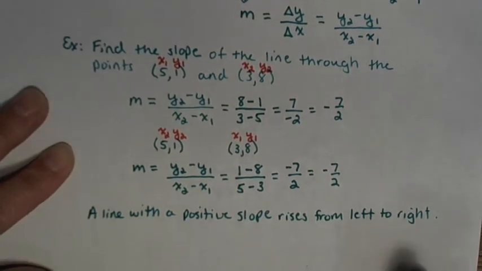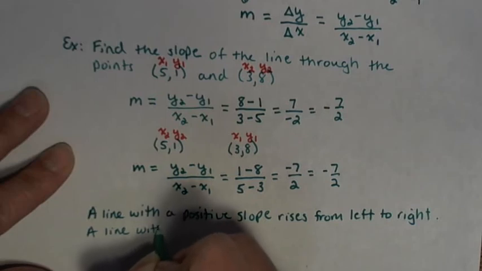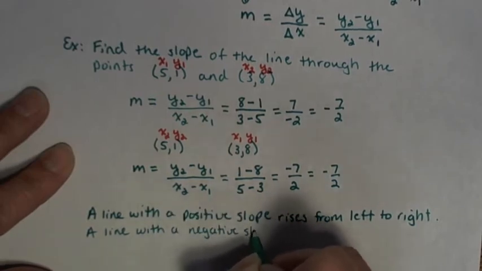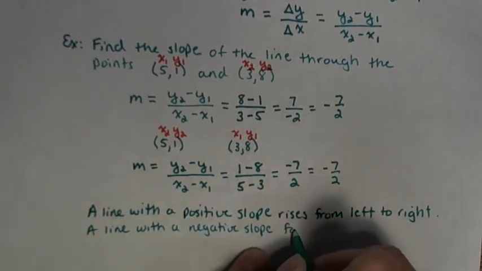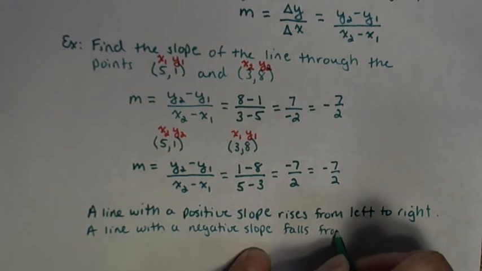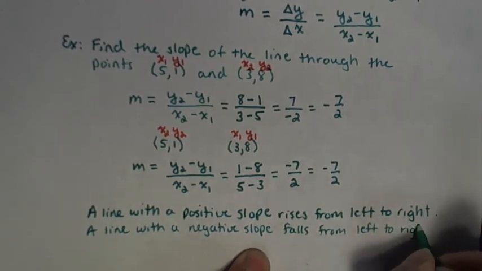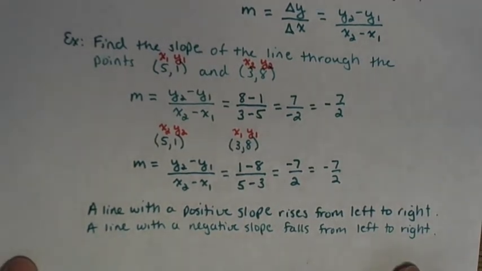In the same way, a line with a negative slope always falls from left to right. And so that's a couple of things to keep in mind.